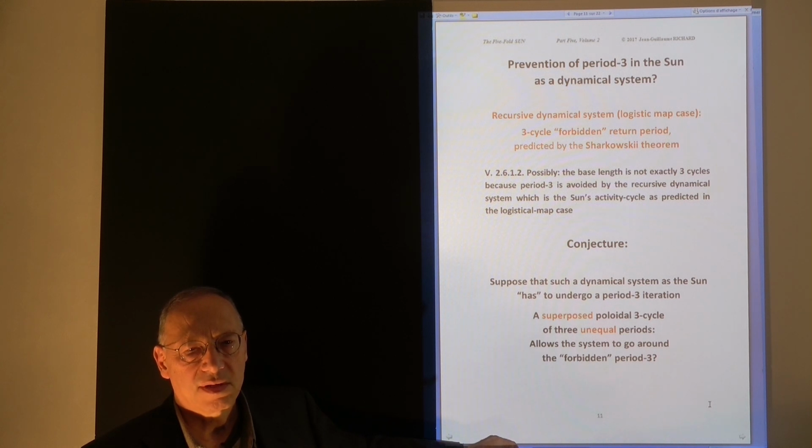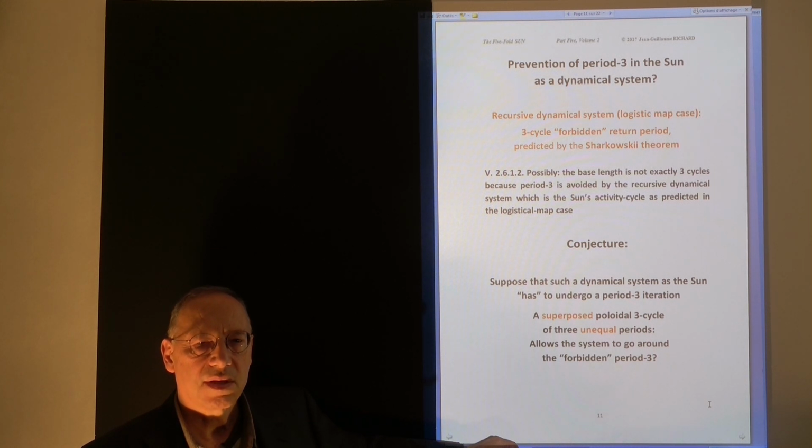In recursive dynamical systems, especially in the logistic map case, there is a theorem by the mathematician Sarkovsky in the Ukraine in the 1960s that the 3-period return in such a system is forbidden unless the system will undergo, on the longer term, chaotic bouts of behavior.